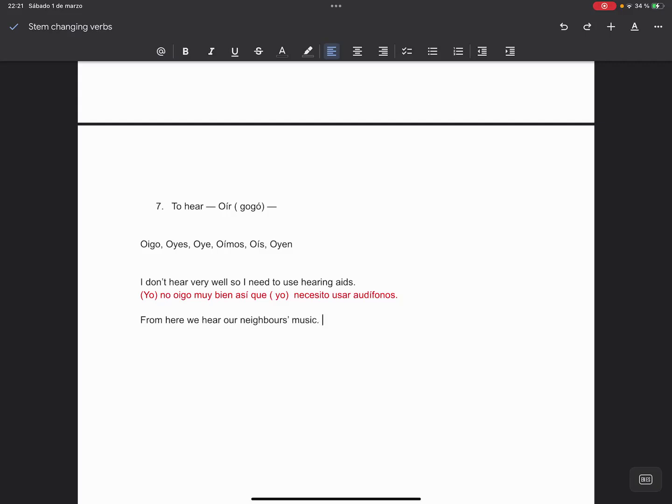I don't know how correct that is in English, but from here we can hear or we hear. I don't want to use the verb can because I want you to conjugate the verb here. So from here we hear, sorry, our neighbor's music.